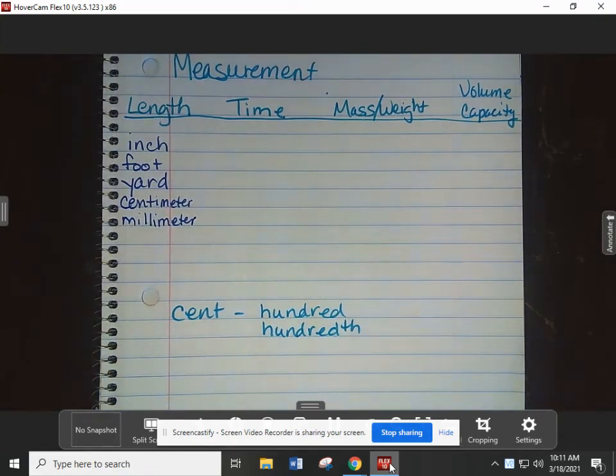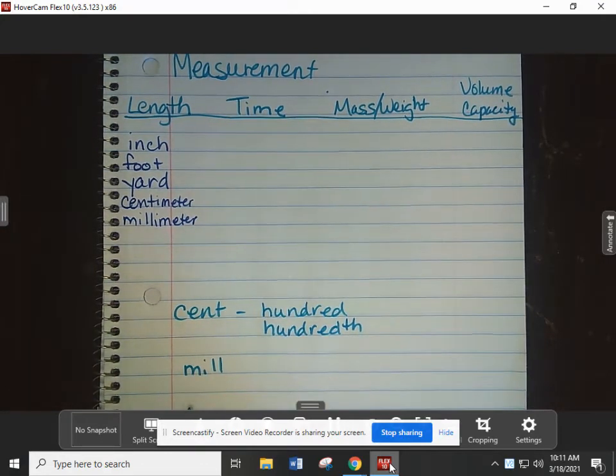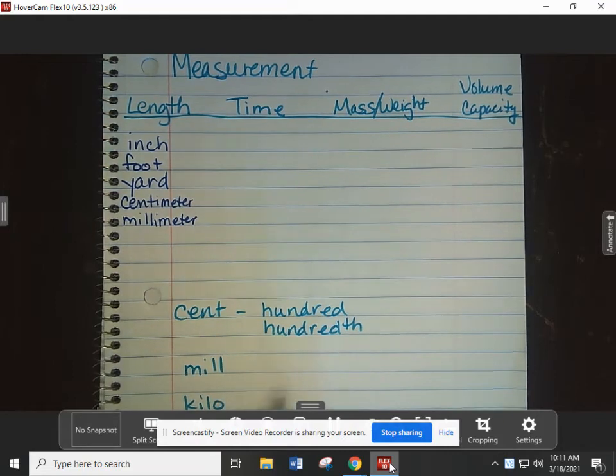So it means two things. Can we just write the number? I would like you to write the actual words so you know the difference. Then we're going to write the word mil, and we're going to skip a line and write the word kilo.